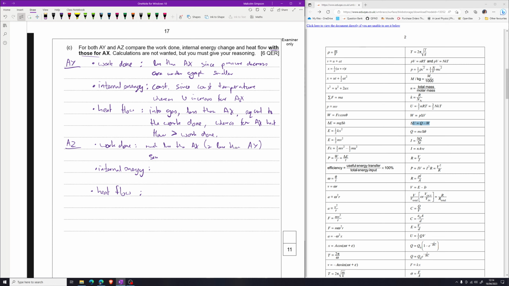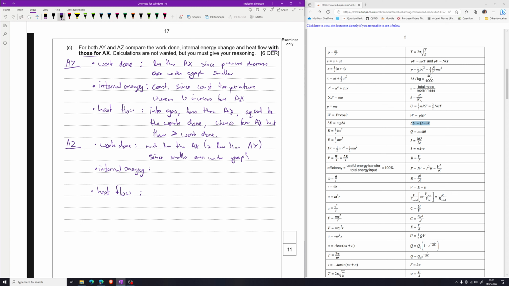And again, I'm going to put since smaller area under graph. That's how we're able to tell that. Or you could make reference to the pressure decreasing.